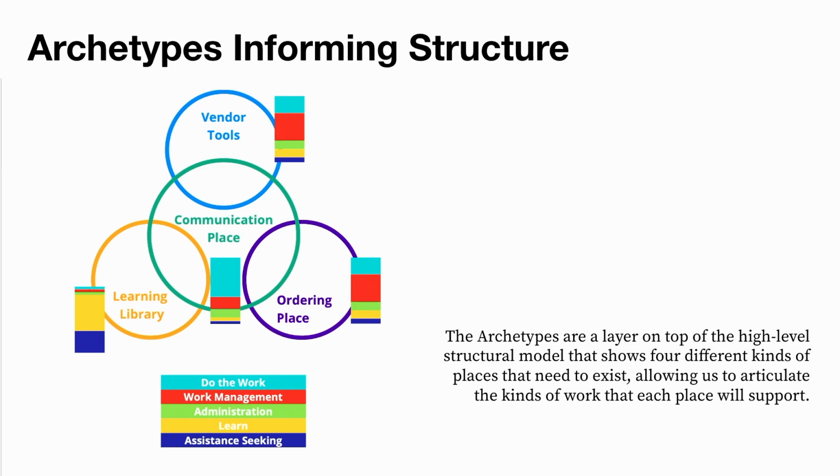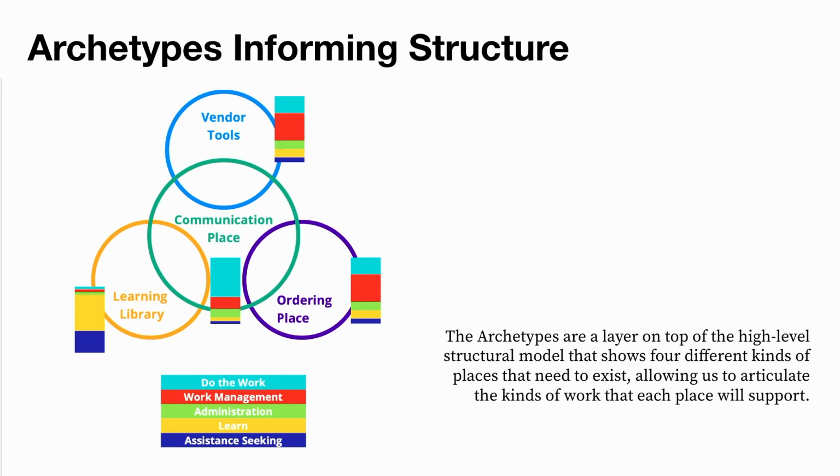Another way that we've found incorporating archetypes really beneficial at the structural level: the 4 circles that make up this Venn diagram are the highest-level structural model for a digital place. And based on what needs to happen in each of those places, we could calculate the amount to which each of these different archetypes would show up in each of these places.